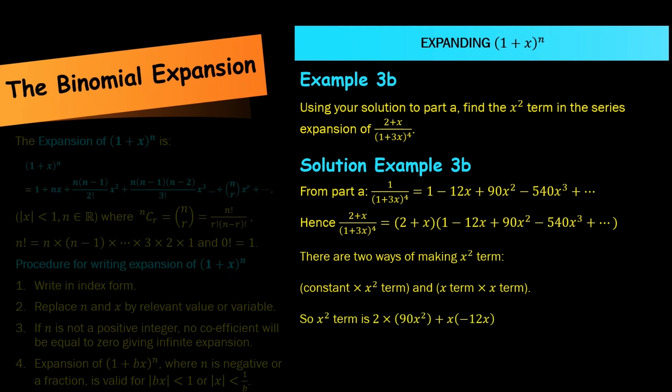Therefore, we have that the x squared term is 2 times 90x squared, as shown, plus x times minus 12x, as shown, giving us 168x squared.